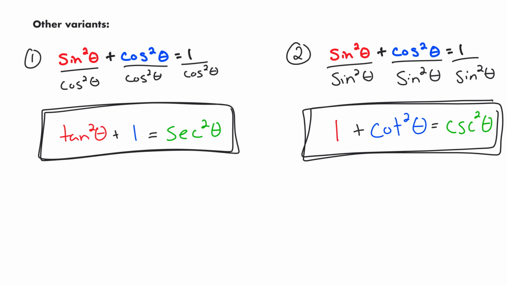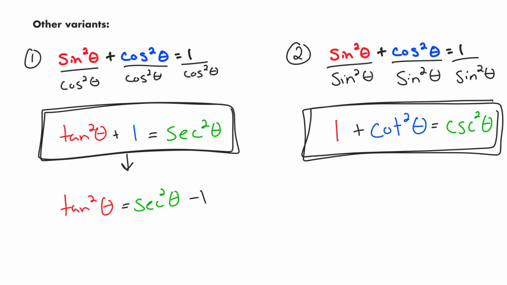Now I do also want to mention, if you want to be super technical, there are more variations to this, but they're just algebraic. Another identity, let's just deal with the first one, is if I just subtract 1 from both sides, this is the same thing as saying tangent squared of theta is equal to secant squared of theta minus 1.